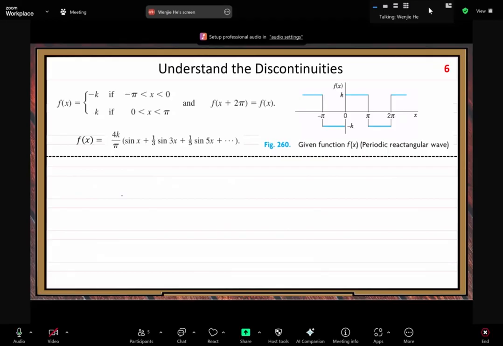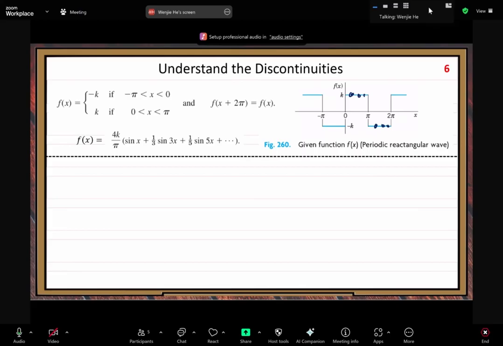Next, the discontinuity. Let me go back to why Fourier's paper was rejected. That question was because of the convergence question. If you study the convergence property at the normal points, what are the normal points? These points are the normal points, where the function is continuous.